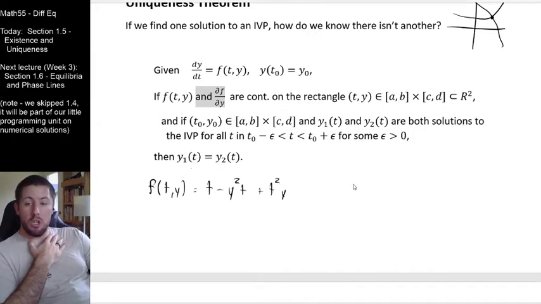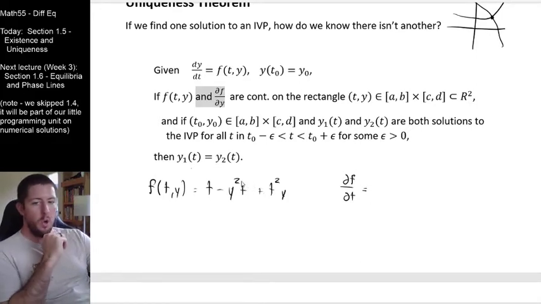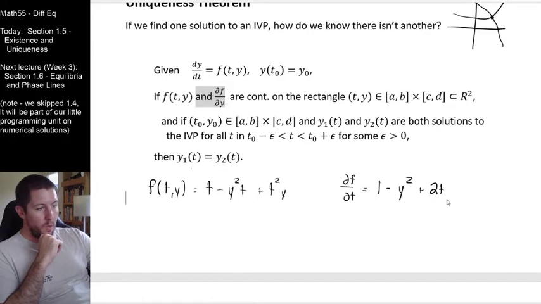When we talk about partial derivatives with respect to some variable, we're treating each of these as their own independent variable. So if I were to take the partial of f with respect to t, that says assume y is just some constant. Don't think of y as a variable anymore. Just take the derivative with respect to t, assuming it's the only true variable. So that would give me 1 minus y squared plus 2ty.